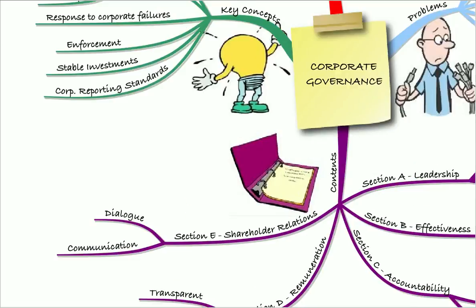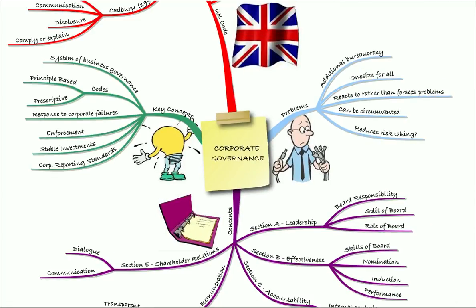So that is an introduction to corporate governance. We're now going to go ahead over the next few lectures to look at each of these areas in detail, to think about the leadership in the organisation, the effectiveness of the board, the accountability and remuneration, and the shareholder relations. And in that way, we can build up a full picture as to the corporate governance requirements.